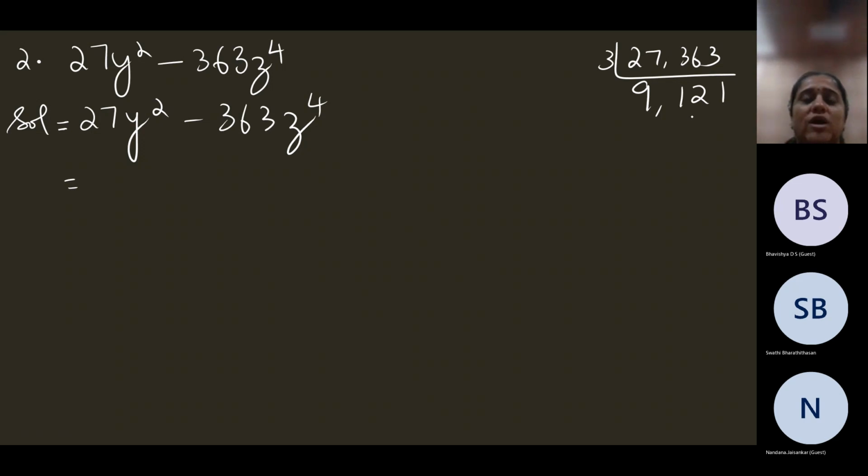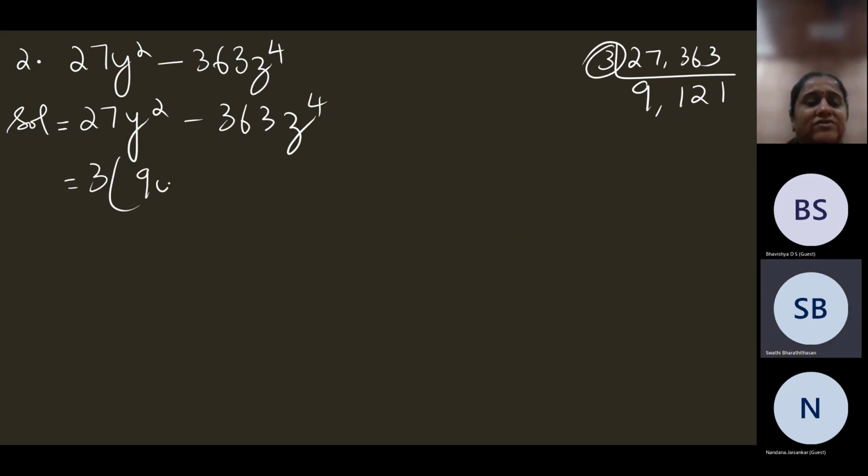These two numbers are not further divisible by the same prime number. So that means 3 is the HCF. So 3 out. Then 9y square minus 121 z to the power 4, ma'am.